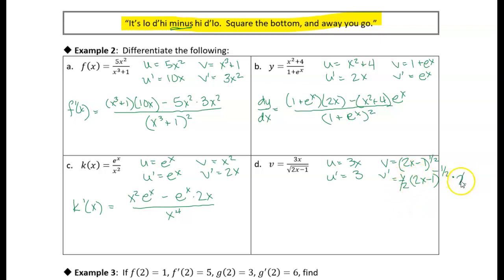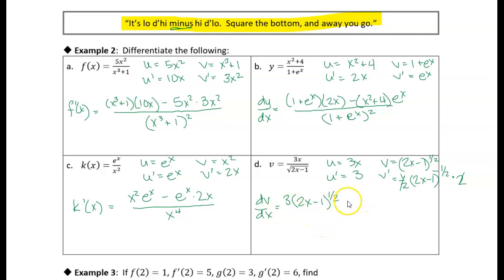Notice again, I can simplify a little bit. dy dx then is equal to low, that's the v, so low 2x minus 1 to the 1/2 d high. Now, I like to have the 3 out front, so I'm going to put the d high out front.